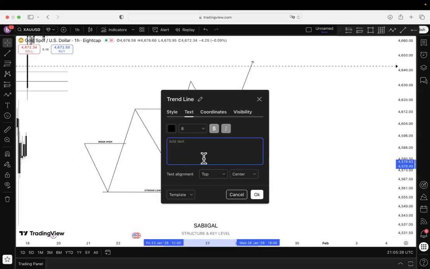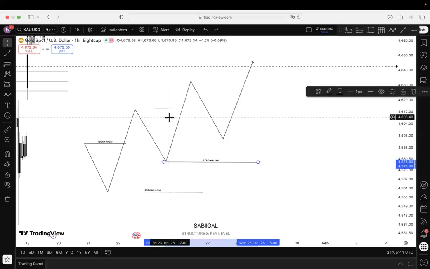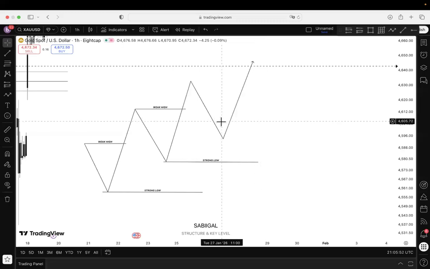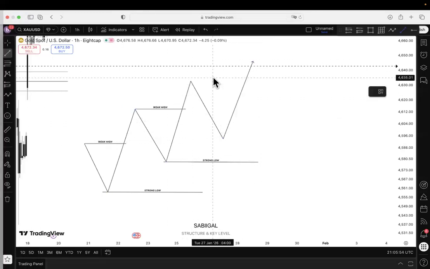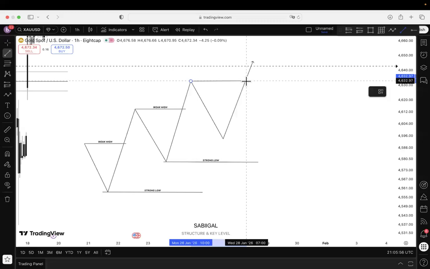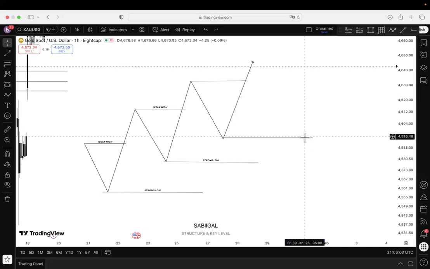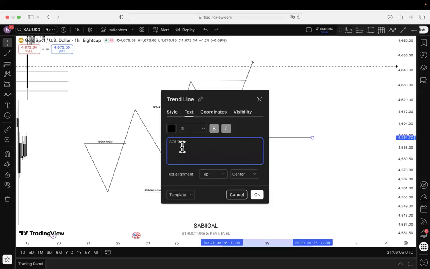This is a strong low, a weak high. Same as this, a strong low, a weak high.